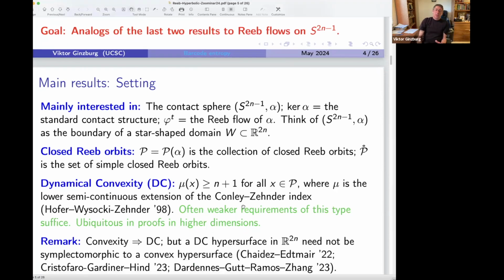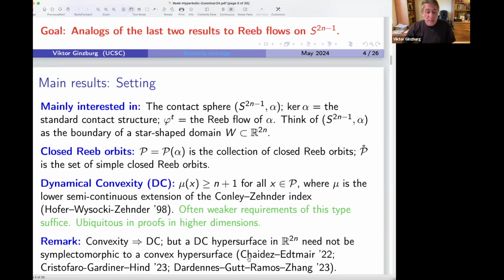In essentially all results in higher dimensions, some kind of dynamical or some kind of index assumption is there. Otherwise, you just cannot prove a thing. And dynamical convexity in this pretty strong form is a consequence of convexity. The converse is not true.